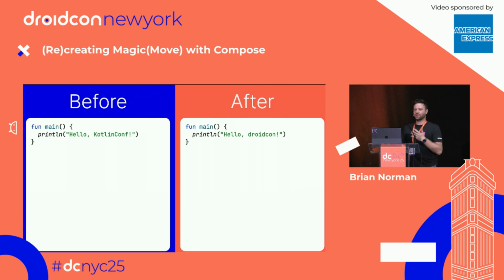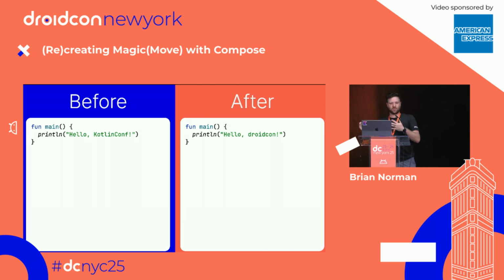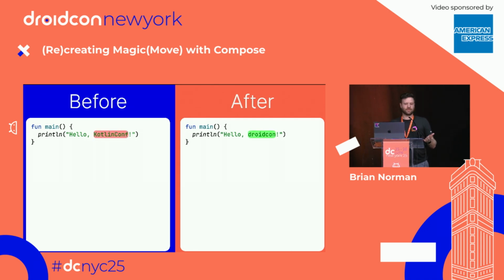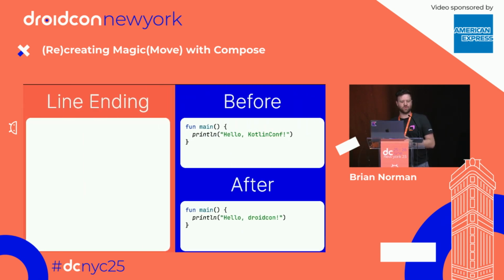So if we imagine some kind of before and after code that we want to animate, we as humans can look at this and go, okay, you changed Kotlin conf to droidcon. Simple enough, but how do we actually get Compose to do something with that? My first idea was, what if we did something really basic? What if we just did a line ending change of some kind?